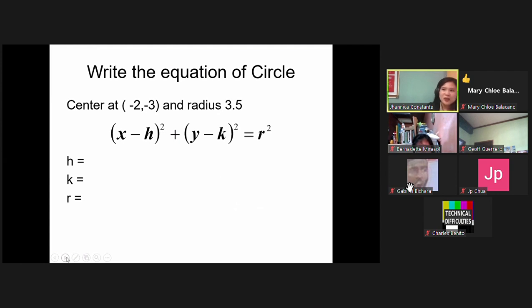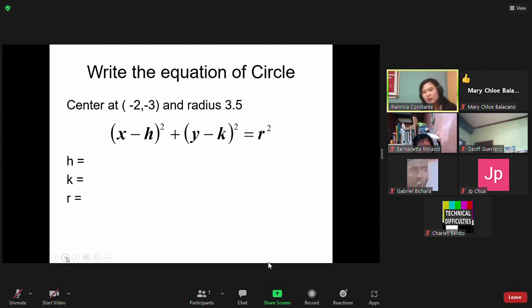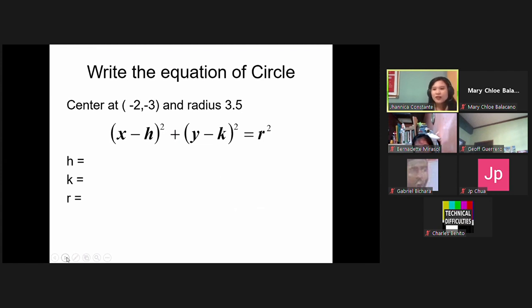For example, we have the center, which is at a point of negative 2 and negative 3, and a radius of positive 3.5. So let's solve for the equation, or write the equation, of our circle. So h is negative 2, k is negative 3, and we have the radius, which is 3.5.